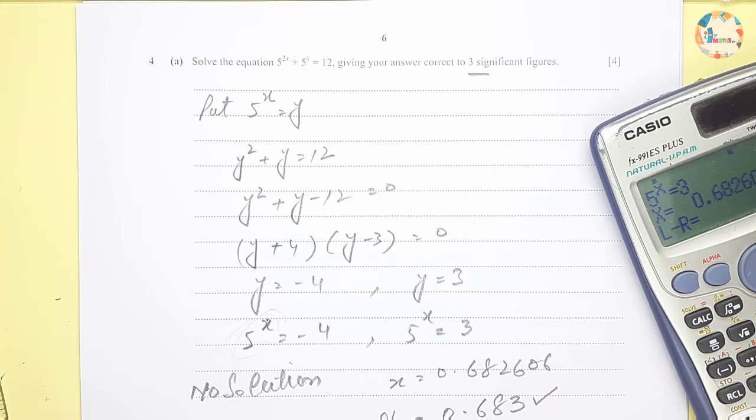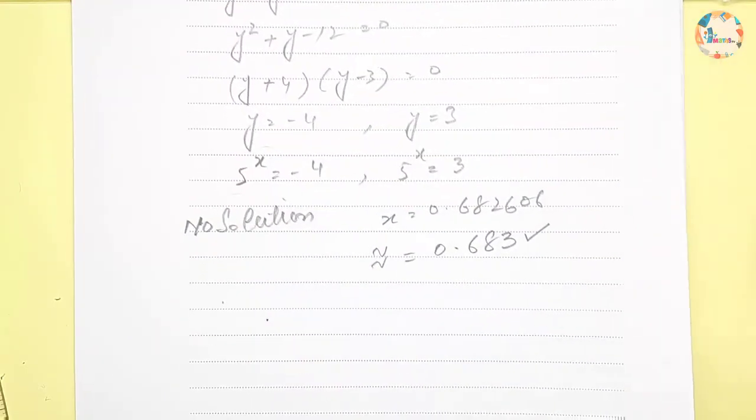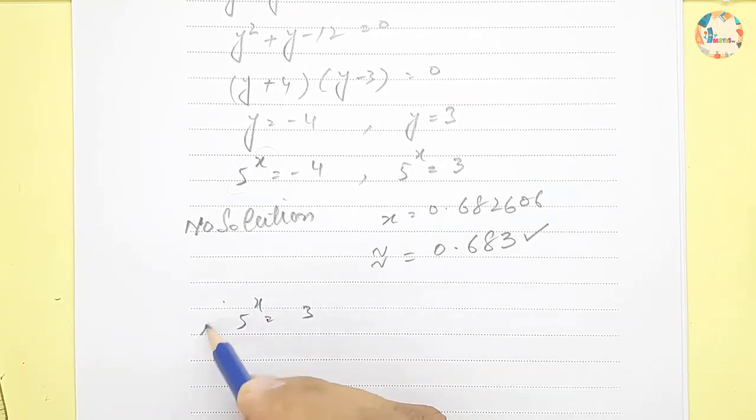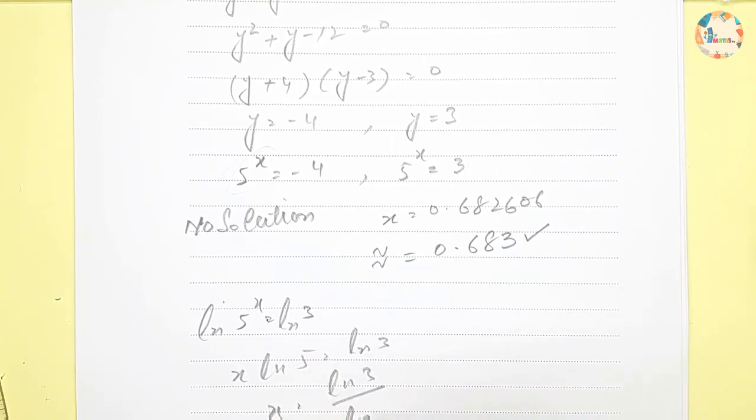If you want to use the log method, it is also easier. You can just take 5 to the power x is equal to 3, take log on both sides, so x log of 5 is equal to log of 3, so x will be equal to log of 3 over log of 5.